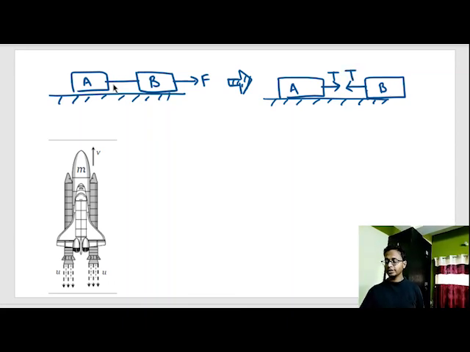See, A and B are connected by a rope. F is applied to B. Now B started moving and this rope is tugging A. So to move A, this rope must apply some force to A, and that is a pulling force. When this rope is pulling A, B also gets pulled by this rope. B is exerting some pulling force on this rope.